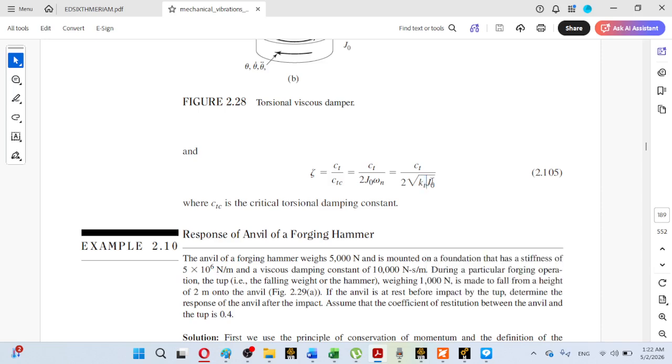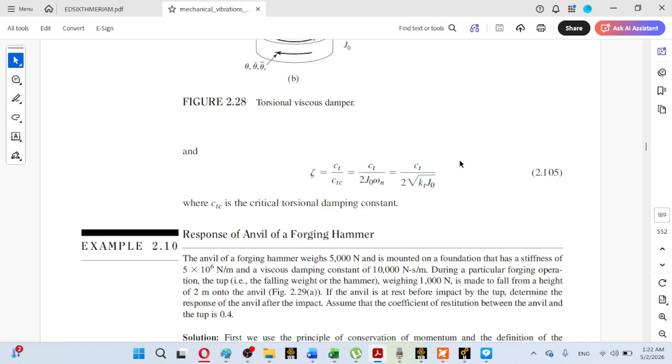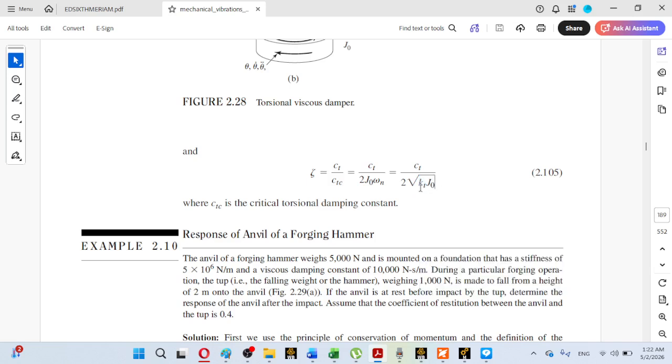But remember again that here you will be using the original value of kT in radians, means you will be using here the value 755,189.785. Remember, not in degrees. Here the value for kT in this formula will be used in radians, not in degrees. So the value in radians is 755,189.785 Newton meter per radian.